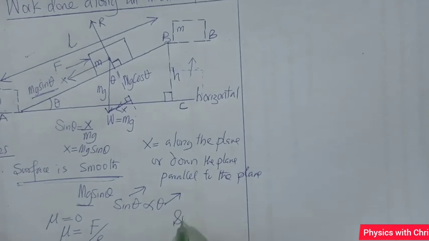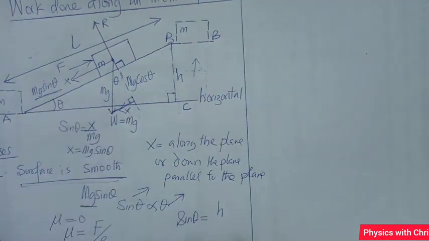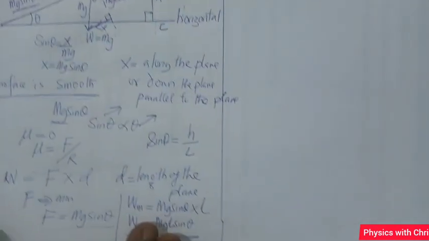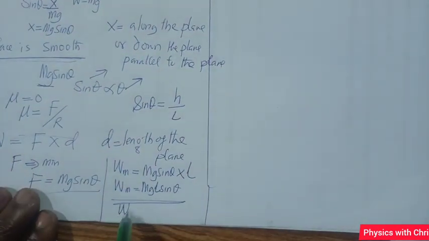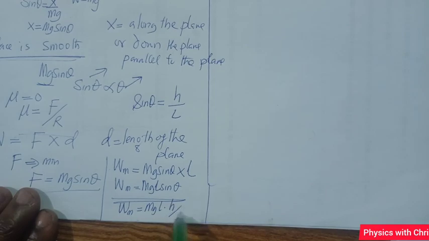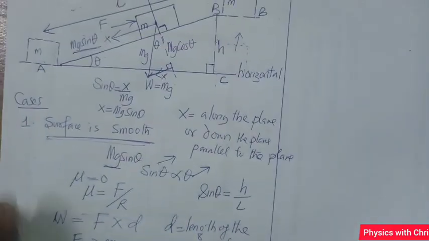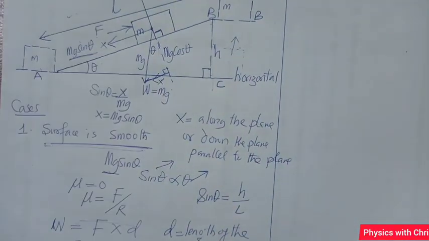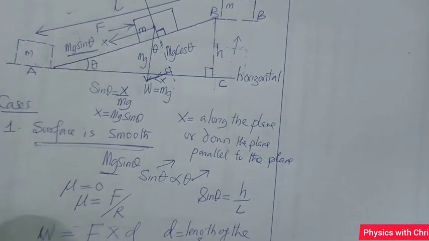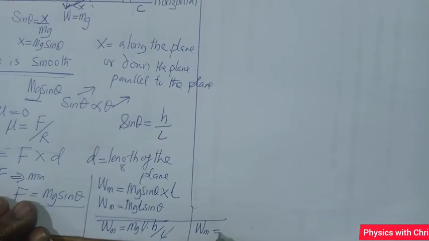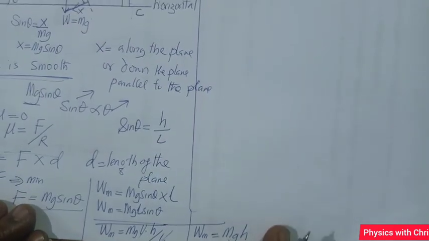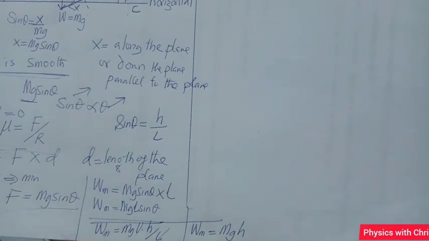And by SOHCAHTOA, sin theta is equal to the opposite side h over the hypotenuse, which is the length of the plane L. So if I make a substitution, the minimum work done Wm is equal to mgL, with sin theta found as h over L. So this L will cancel out this L, so that the minimum work done in taking this block of mass from point A to point B along this smooth inclined plane is simply equal to mgh, the product of the mass, acceleration due to gravity, and the height of the plane.